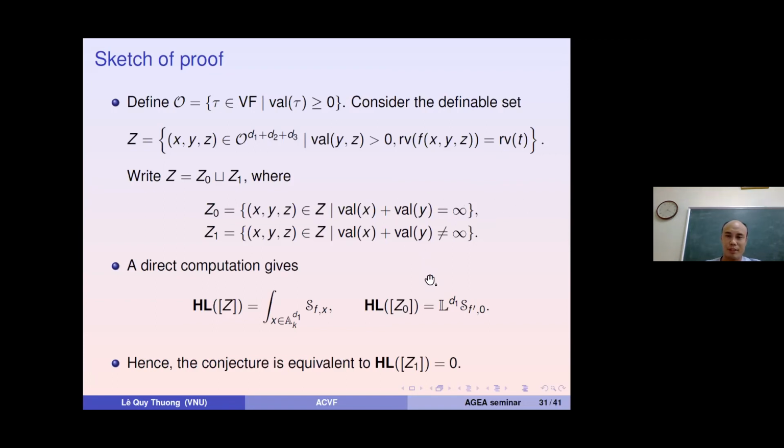We get that the image of this one under SL is the right-hand side of the integral identity. So the conjecture is now equivalent to this: the image of this one under SL has to be 0.